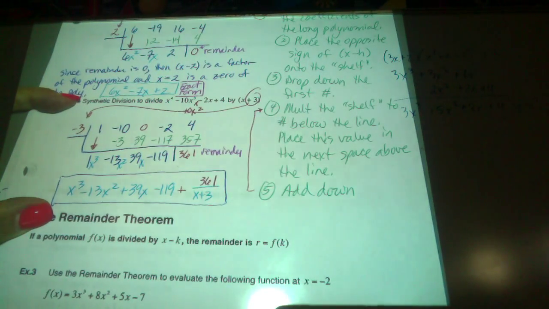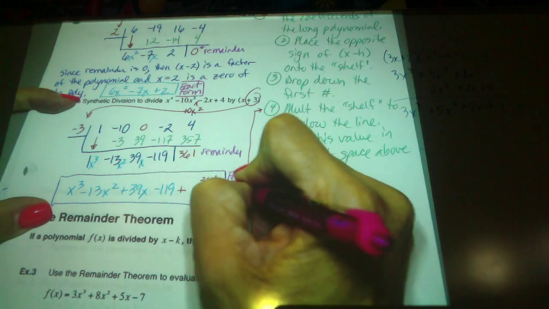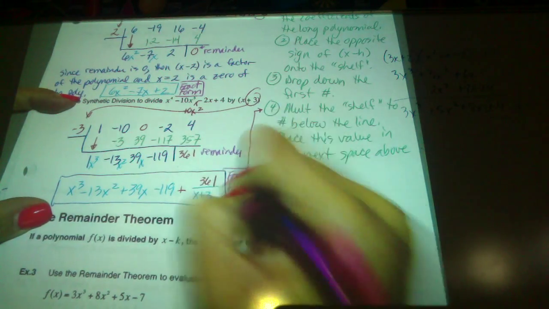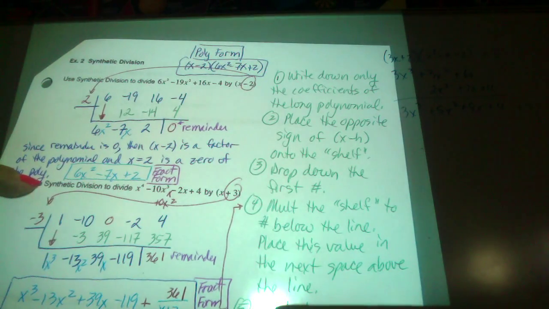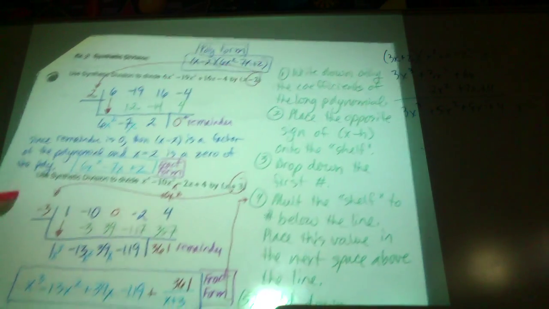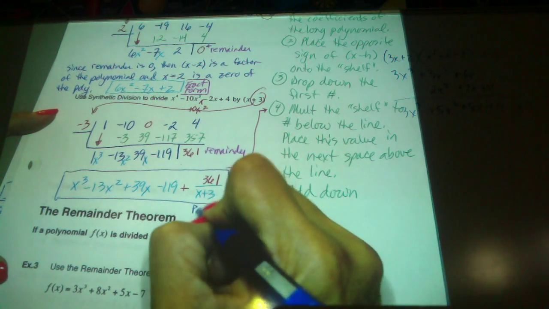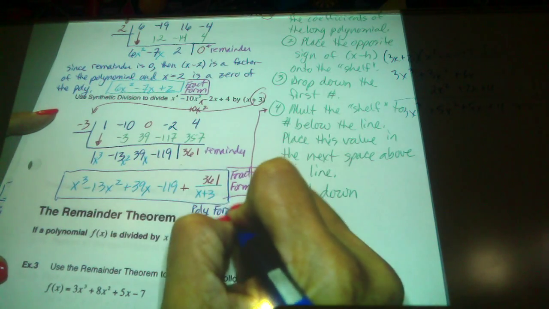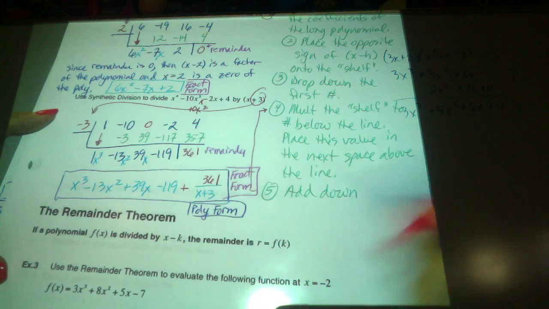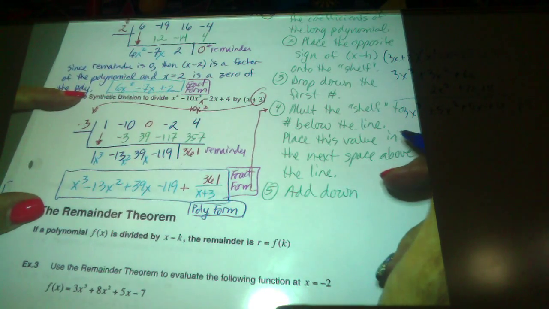This is the last one that we did, so this is our fraction form. Good? Okay. So this one is a little long for the polynomial form. So our poly form, what do we divide by for this one?